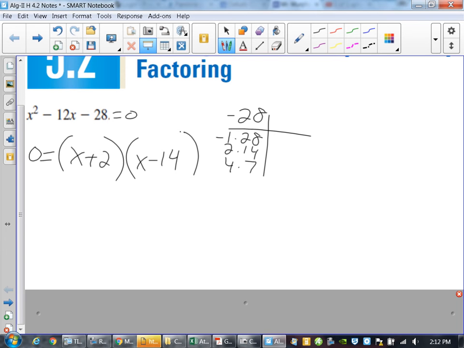Yes, sir? It'd be 14 and negative 2. Yeah, exactly. So if you had to solve the equation, where the quadratic equals 0, you do the exact same thing, but then your two zeros would be at negative 2 and positive 14. So we have zeros and we have terms.